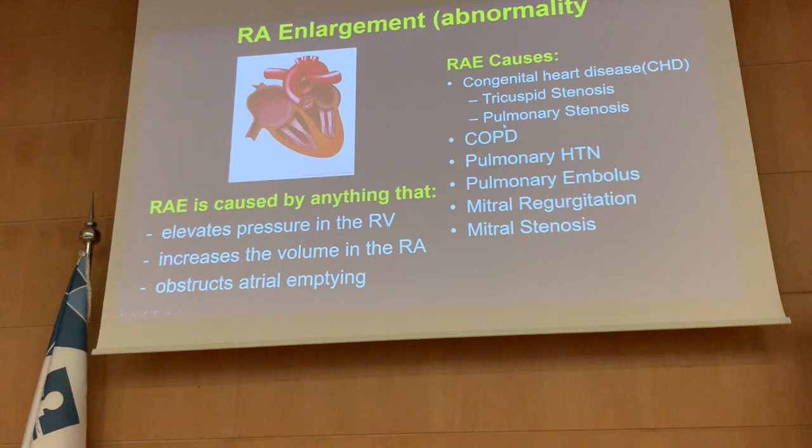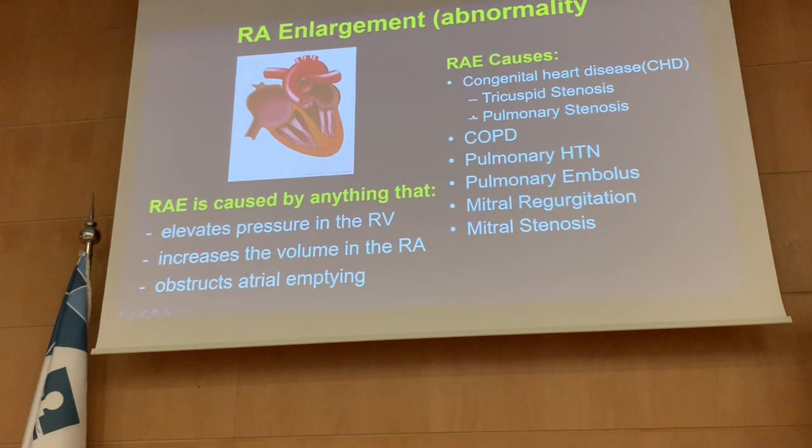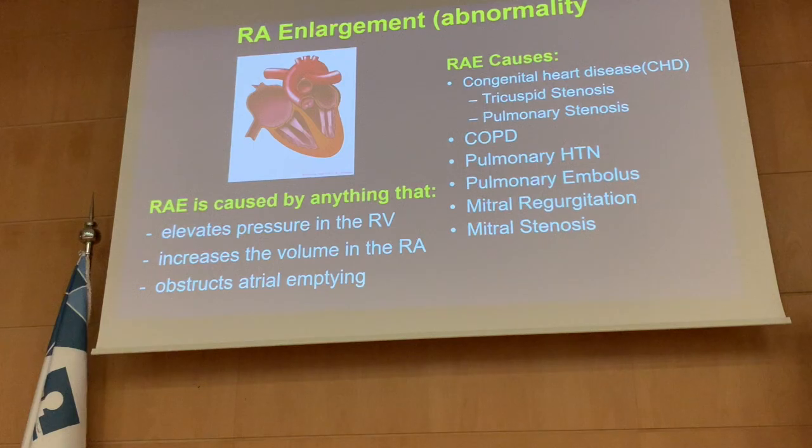Pulmonary stenosis, very common in pediatric group. It's not a disease of adults actually. But when you come to the adult, pulmonary diseases are the most common causes of right atrial enlargement, like COPD, pulmonary hypertension, pulmonary embolism, and mitral regurgitation, mitral stenosis, if they lead to pulmonary hypertension.